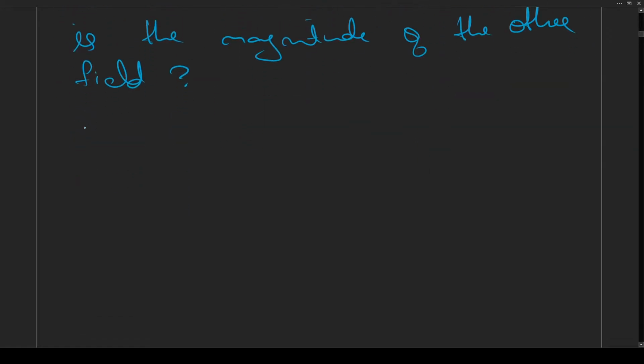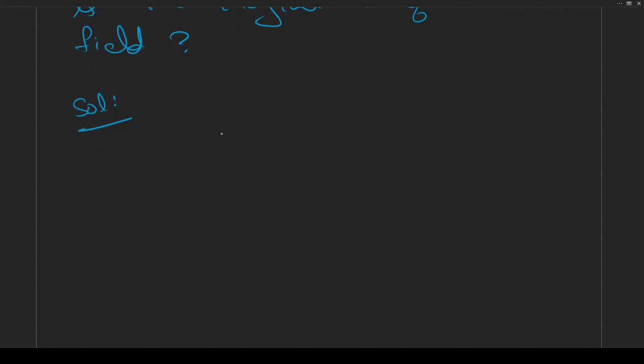Now let's solve the question. Since we know that the dipole is in equilibrium, the torque due to each field should be equal and opposite.